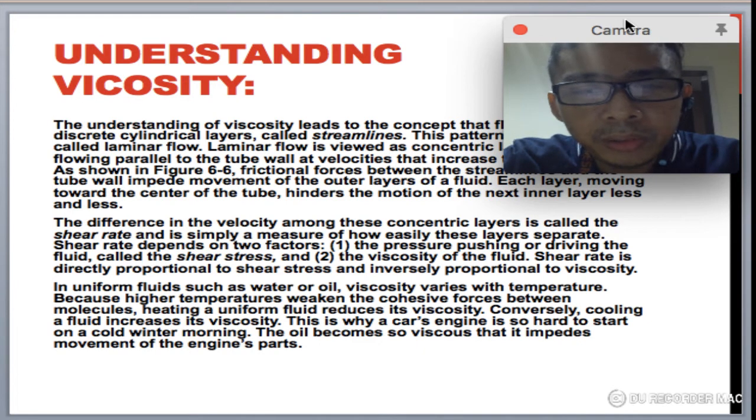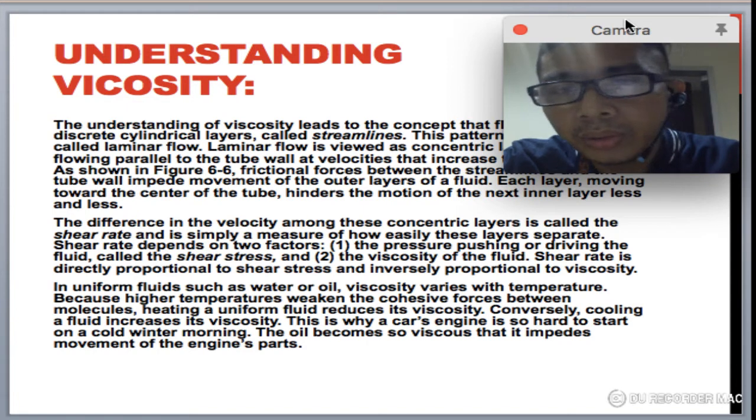In uniform fluids such as water or oil, viscosity varies with temperature because higher temperatures weaken the cohesive force between molecules. Heating a uniform fluid reduces its viscosity. Conversely, on a cold winter morning, the oil in our automobile becomes so viscous that it impedes the movement of the engine parts.